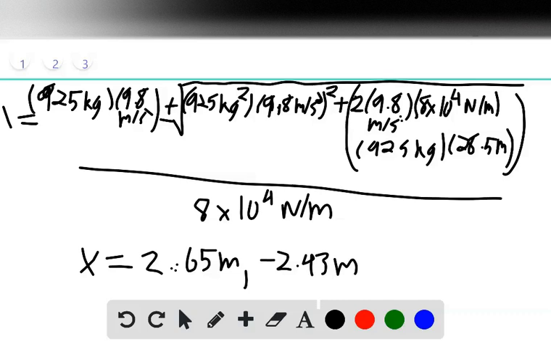And we assumed that x was going to be greater than 0. We just added on this extra distance. So the correct answer here, the maximum compression is going to be this one. It's going to be the positive value, 2.65 meters.